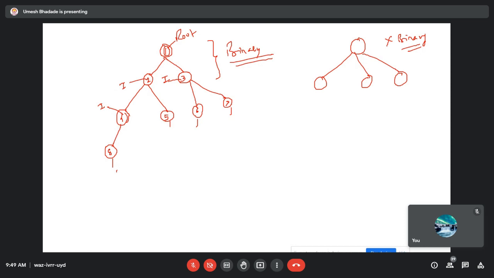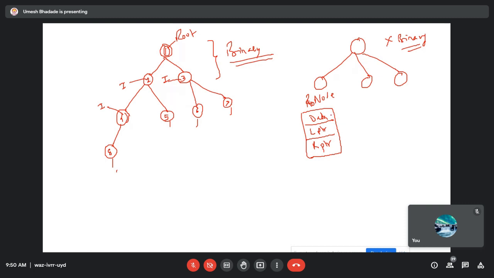But every node may contain data. It's not that an intermediate node won't contain any data. It will contain data, no doubt. Along with data, it will have a left link and a right link. So whenever we talk about any node, it will have data, a left pointer, and a right pointer.